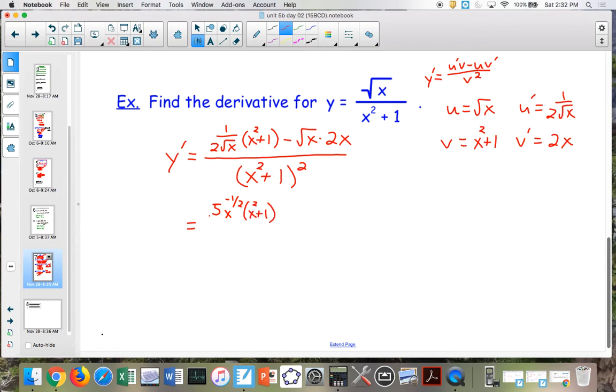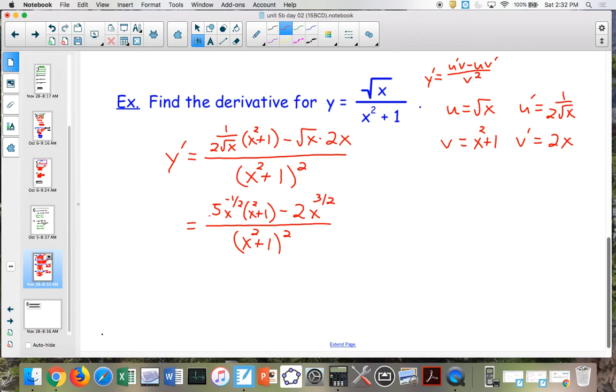And then with the second term there, x to the 1/2 times x to the 1, that's really 2x to the 3/2 power.